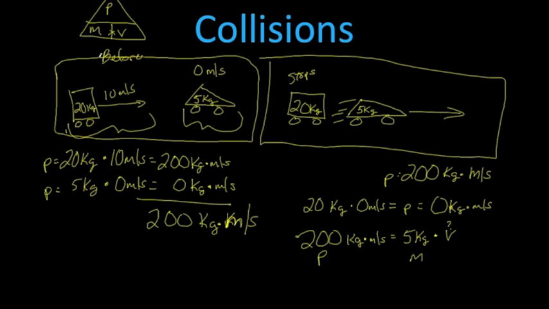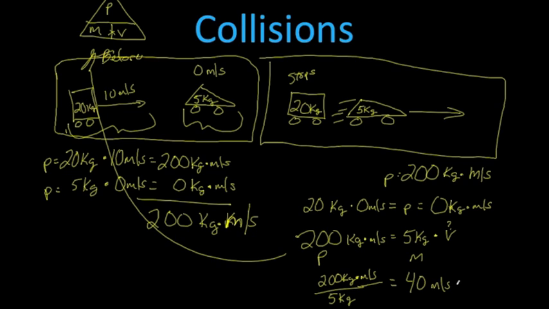If you look up to our formula triangle, you'll see it's momentum divided by mass equals velocity. So 200 kilograms times meters per second divided by 5 kilograms, you're going to find that 200 divided by 5 is 40 meters per second.